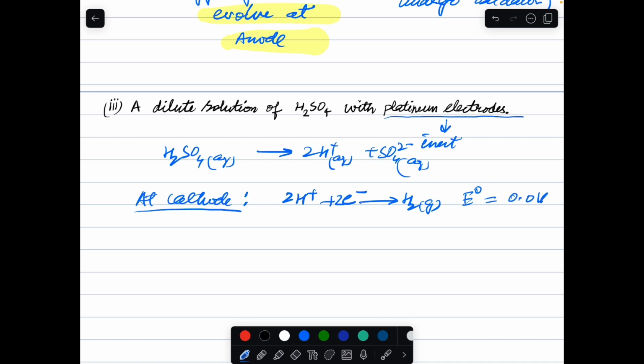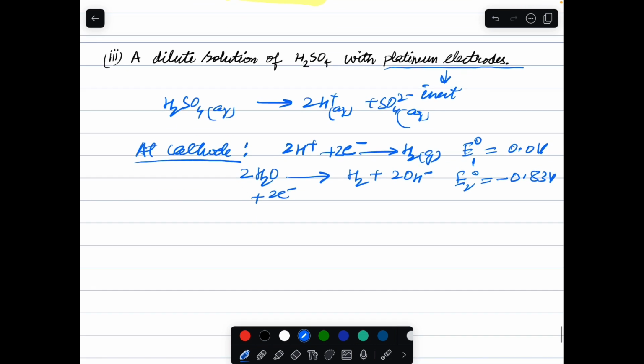Suppose this is the first value, and we have another reaction, that is water molecule H2O, which will also undergo reduction by taking electrons, for example 2 here, to give you H2 plus 2 OH minus. And for this, your E2 naught is equal to minus 0.83 volt.